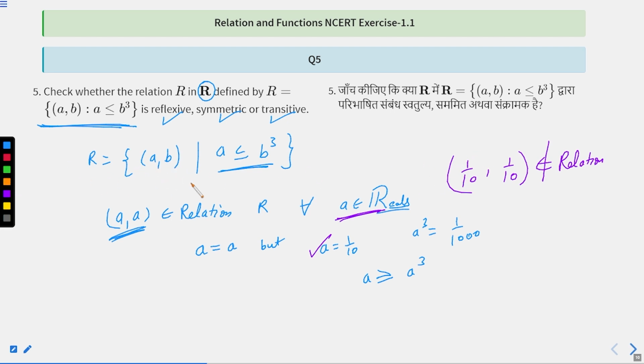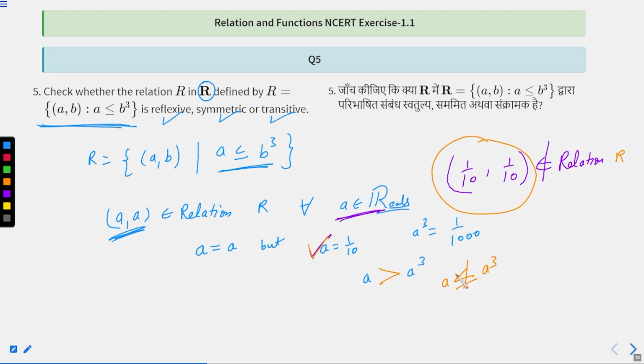Yes, so this pair (1/10, 1/10) does not belong to the relation R. As you can see, a and a cube is this, and we know a is greater than or equal to a cube, but this does not happen.